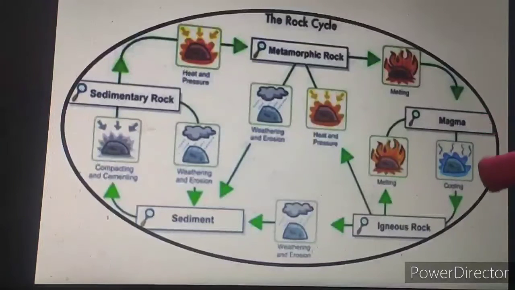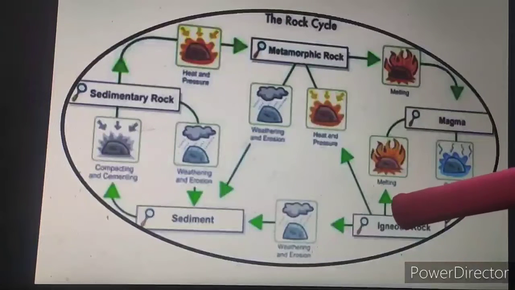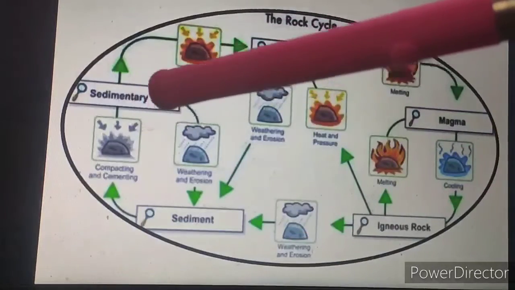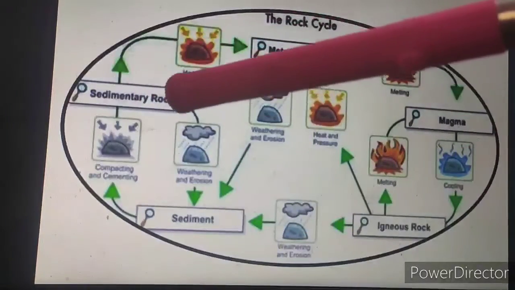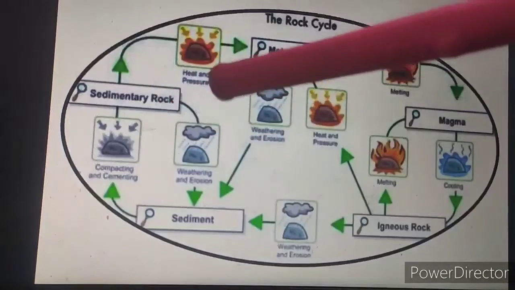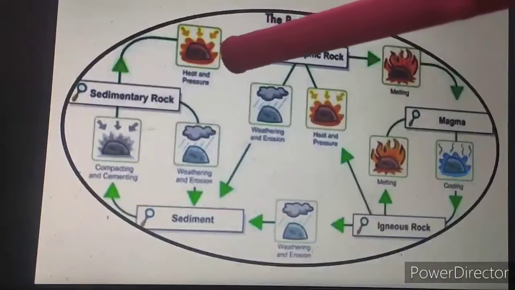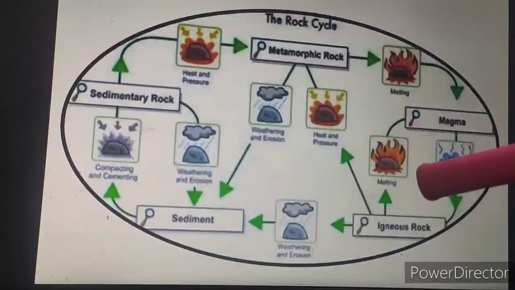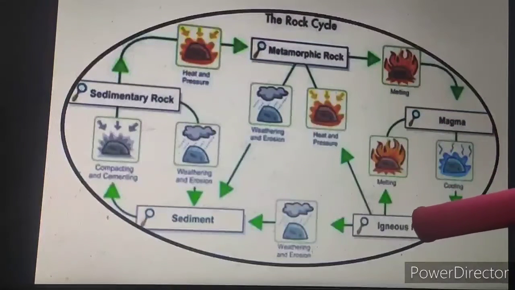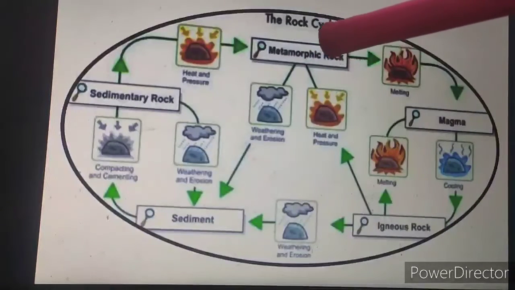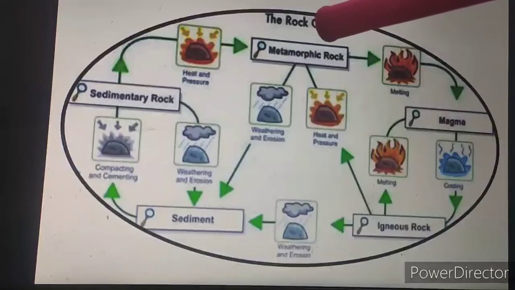We started from here, we understood how igneous rocks were formed, then how sedimentary rocks were formed. Now, when heat and pressure is given either to the sedimentary rock or to the igneous rock, they form the metamorphic rock. You know how metamorphic rocks are formed?